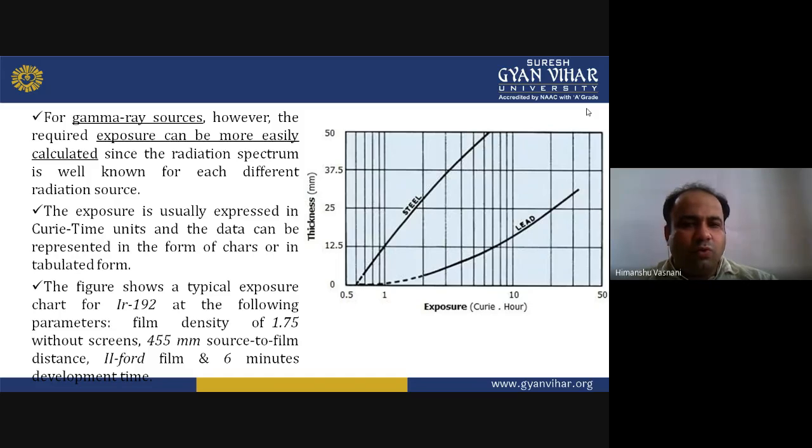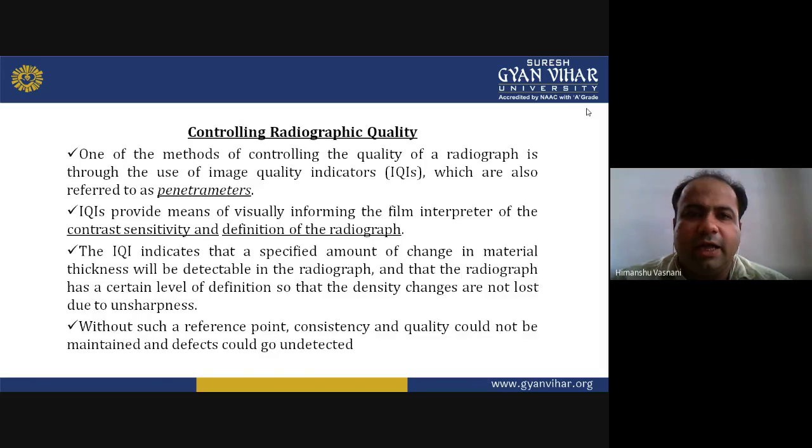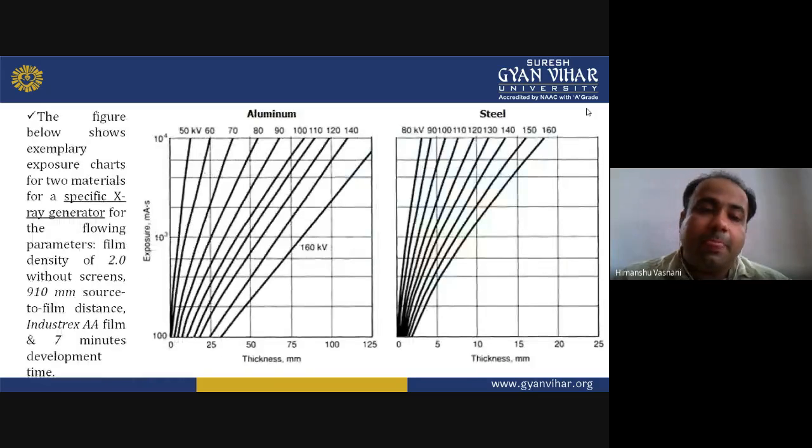They have given you an exposure chart with two materials, steel and lead. I just want to give you an idea. In the previous chart, you can see the changing of variables. In this exposure chart they have also used two materials, but their film density was 2.0 without screen, then they had a different source to film distance, and the development time was different.